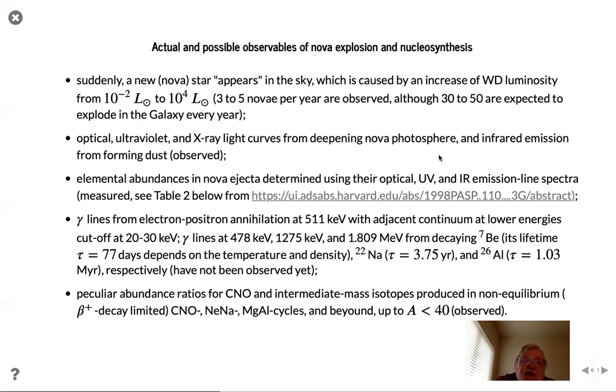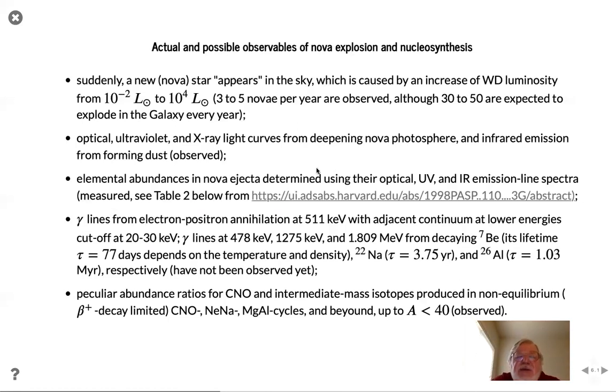And when this envelope is expanding, it becomes more and more transparent, which means that the photosphere of the nova, the layer which is transparent to radiation in the continuum, is deepening. So the radius of the photosphere recedes.